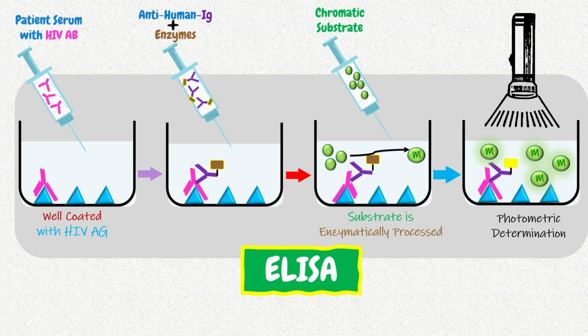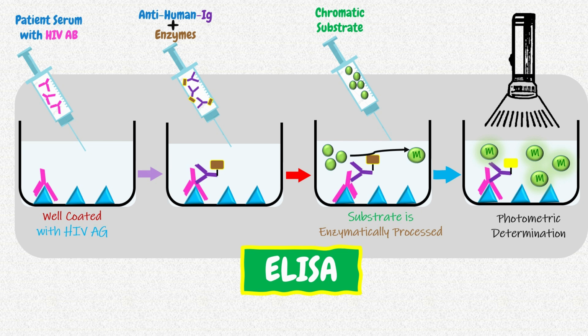A positive ELISA test should be confirmed by at least one other test, such as Western blot or a specific immunofluorescence test. Viral culture is a rather expensive technique and is not used for routine HIV diagnosis.